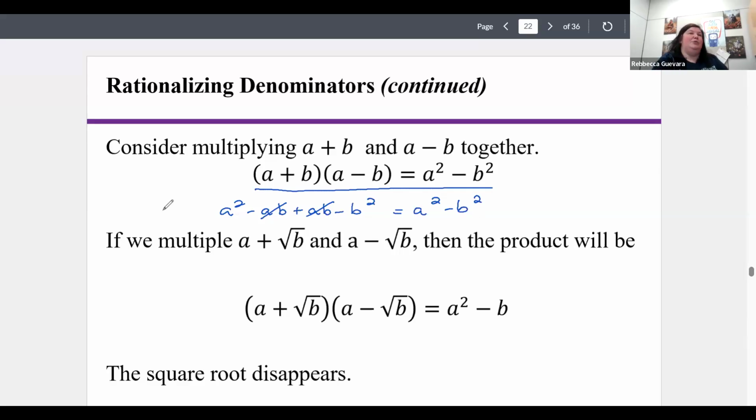So when this applies to multiplying conjugates with radicals, what it's going to do is make the square root disappear. So in this case, if I have a plus square root of b times a minus square root of b, you're going to get a squared, and then you're going to get the square root of b squared, which turns into a squared minus b.